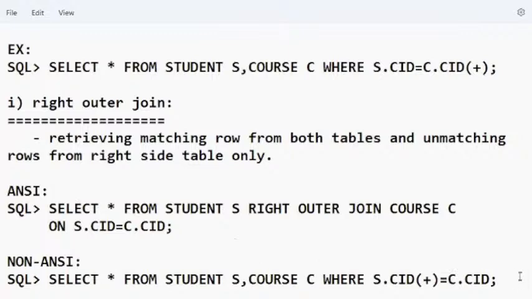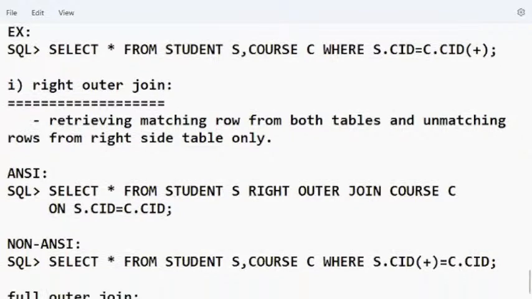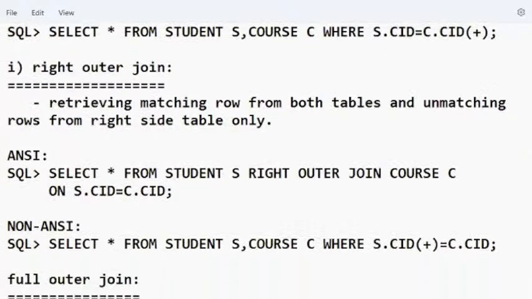Now, same as that, define your full outer join. The full outer join, simply we call it a combination of left outer and right outer join.